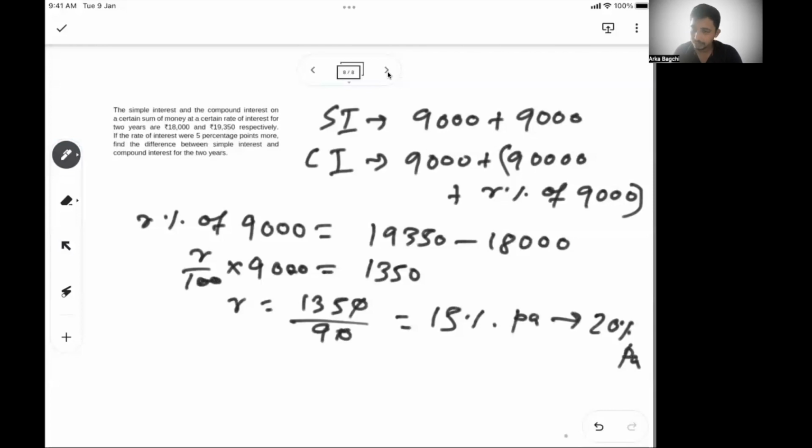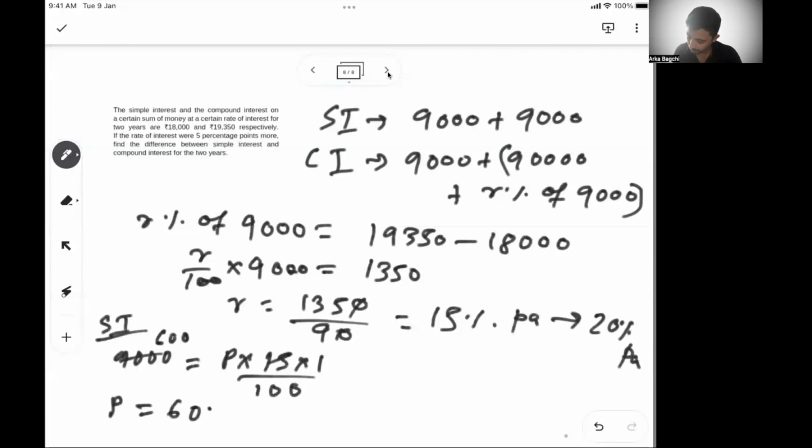At the rate of 15% per annum, your first year interest was 9,000. So apply that logic and find the principal, because that is constant in the first case and now also. Previously, the interest for 1 year at 15 over 100 was 9,000, so your principal is 60,000, right?